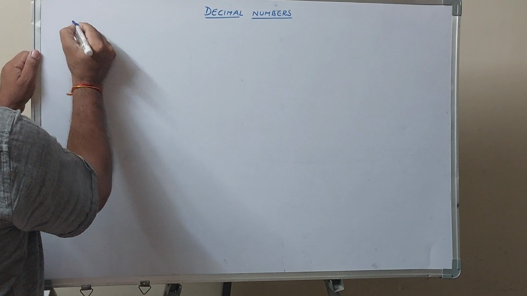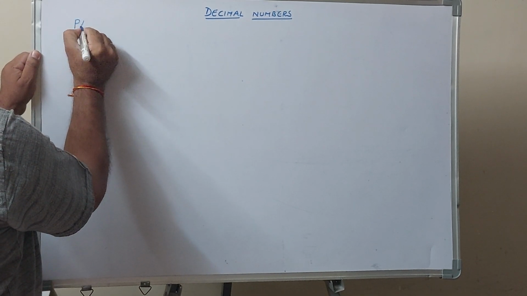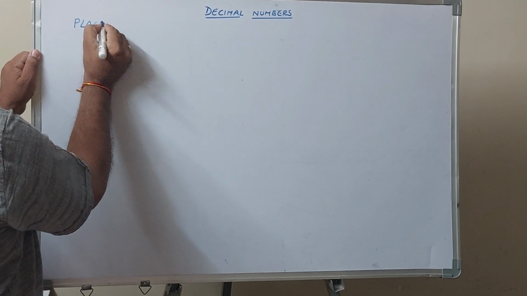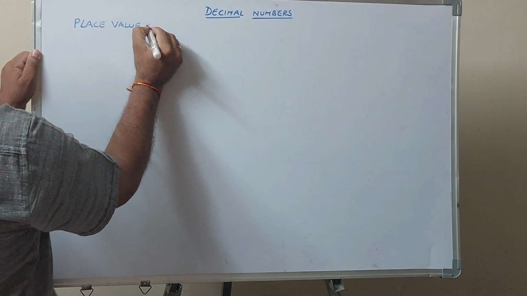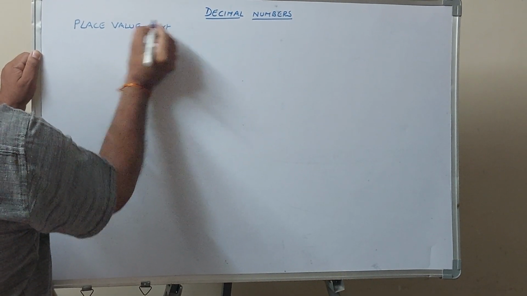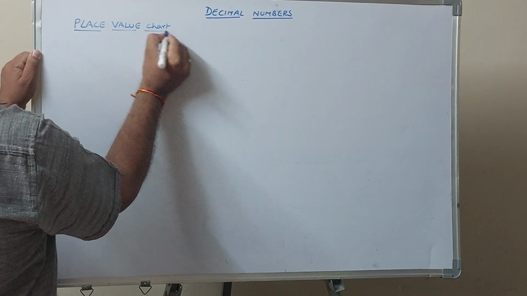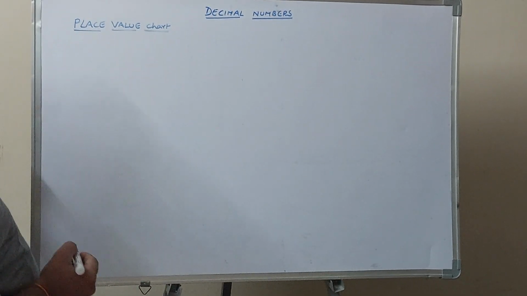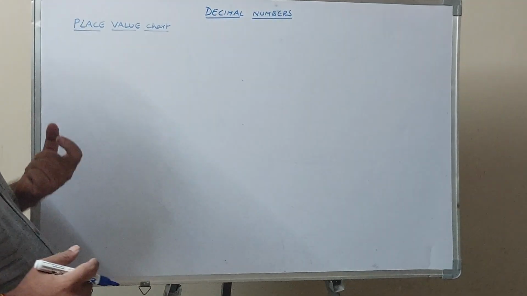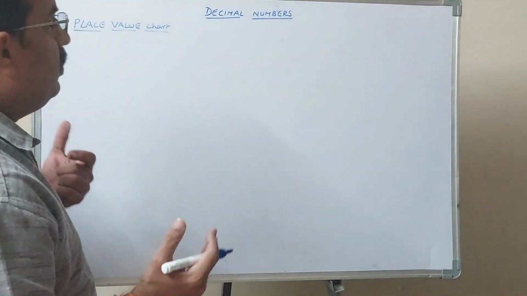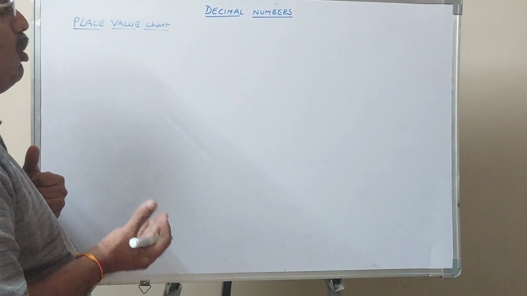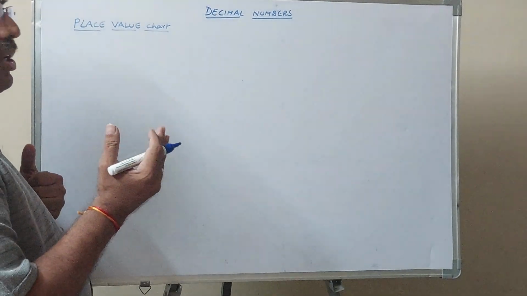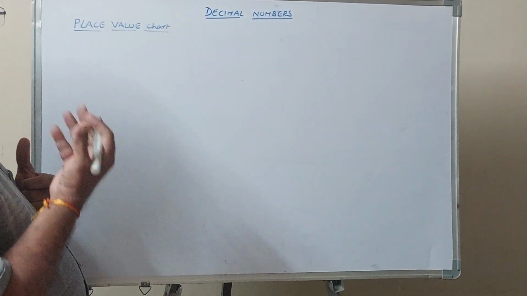You already know the place values of the numbers: ones, tens, hundreds, thousands, 10,000, lakhs, 10 lakhs, crores, like that, the Indian system.